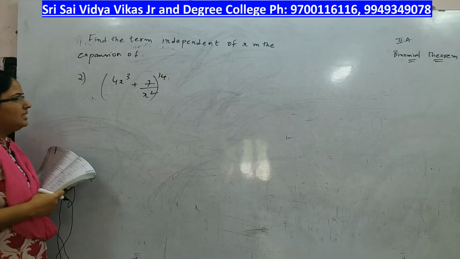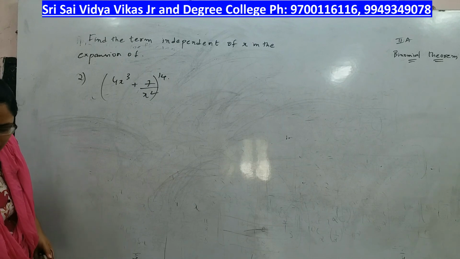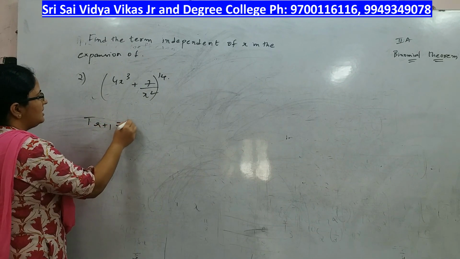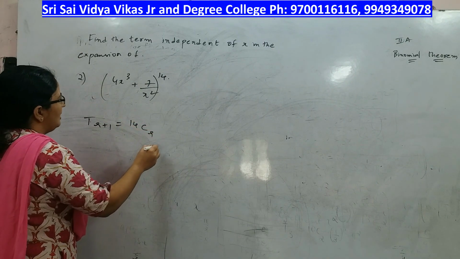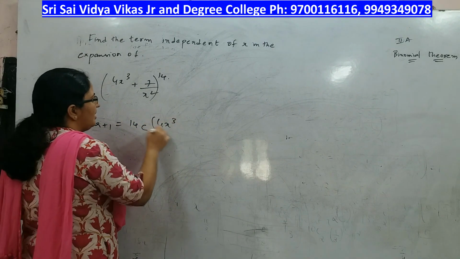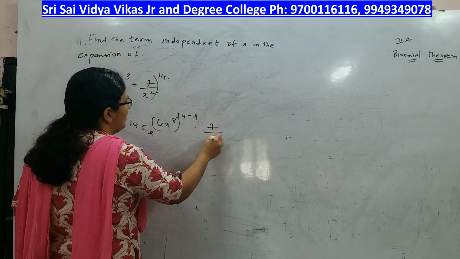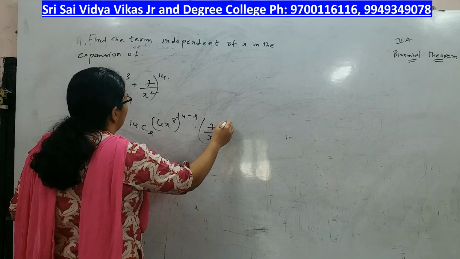You have to find the term independent of x here. So first of all we will write T(r+1), which is equal to 14Cr (4x³)^(14-r) (7/x²)^r.